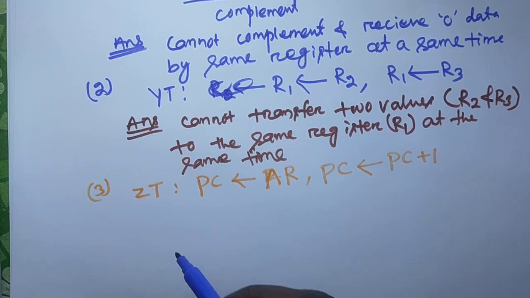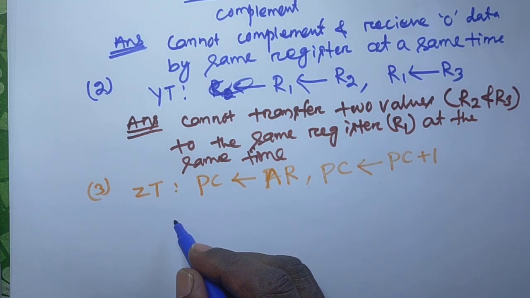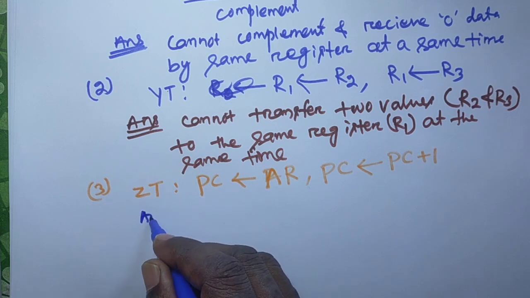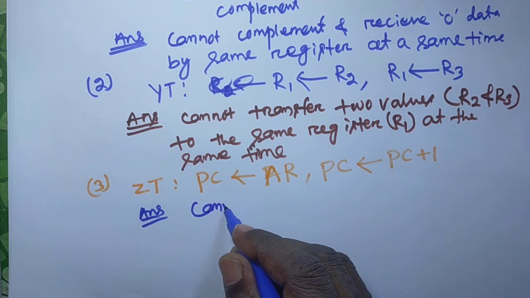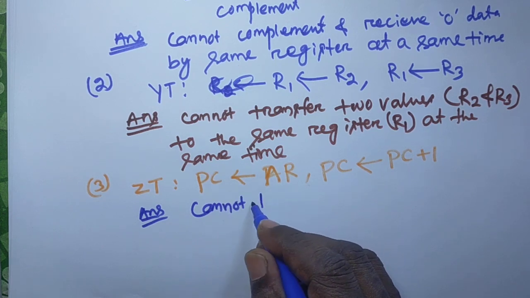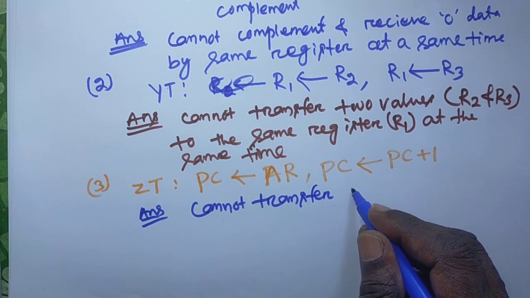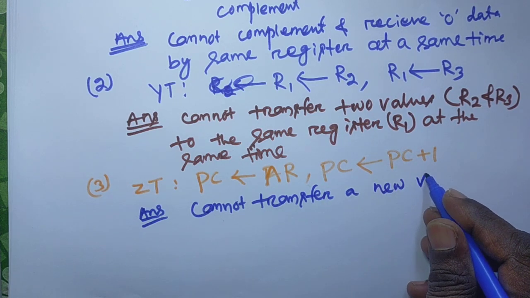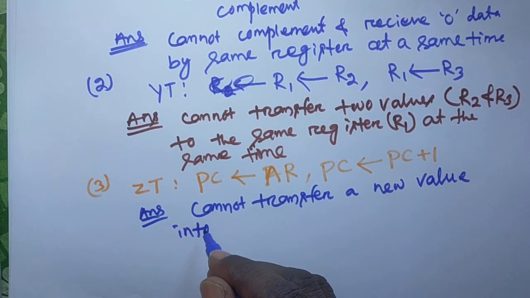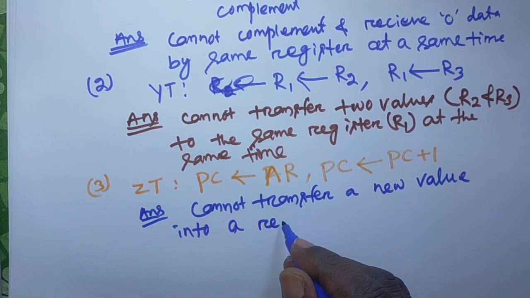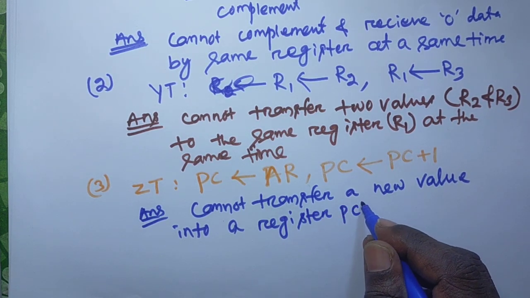At the same time, zT, what happens in this statement? The answer will be: cannot transfer a new value into the register PC.